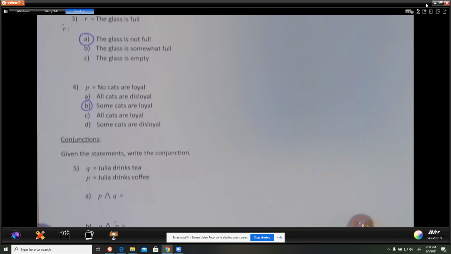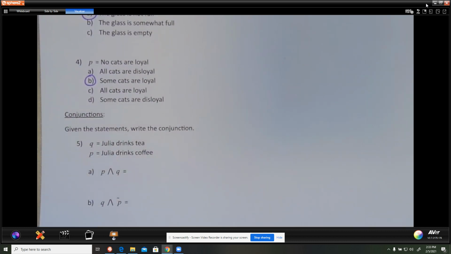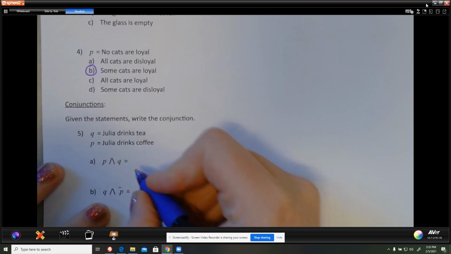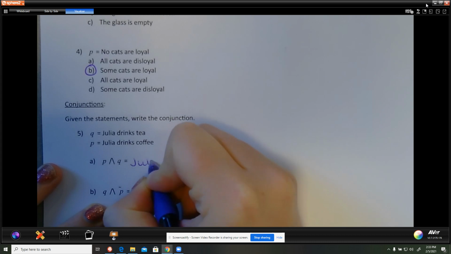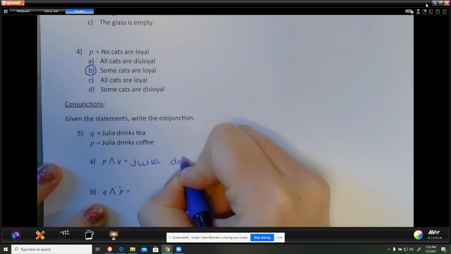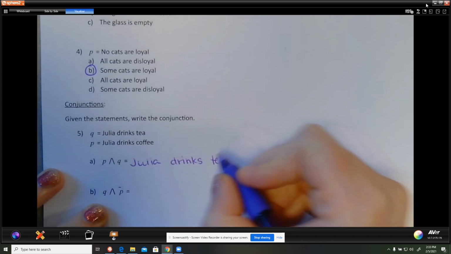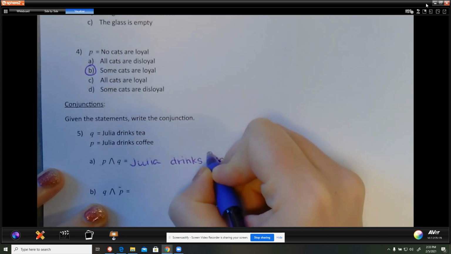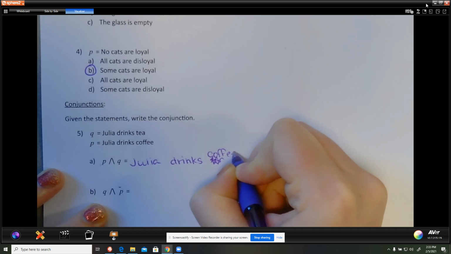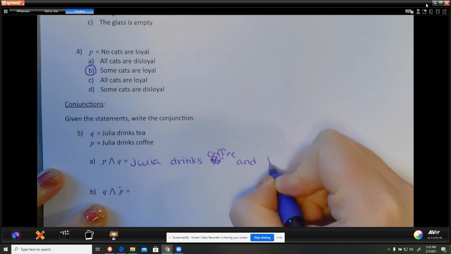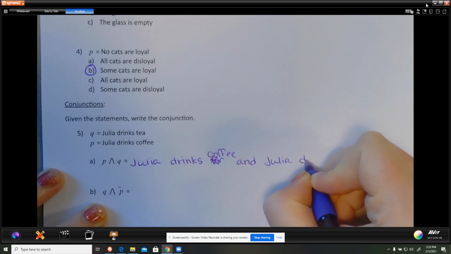Then we got into conjunctions. So given the statements below, write a conjunction. Conjunction is and. So this would be, oh wait, sorry, P comes first. So Julia drinks coffee and Julia drinks tea.